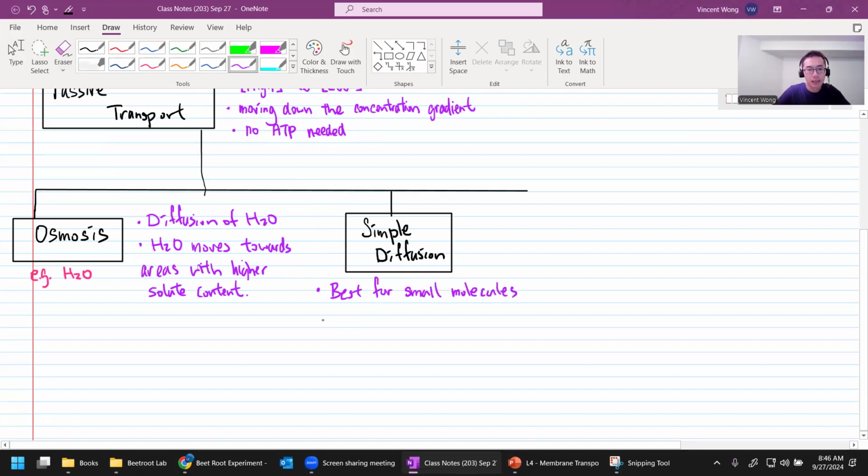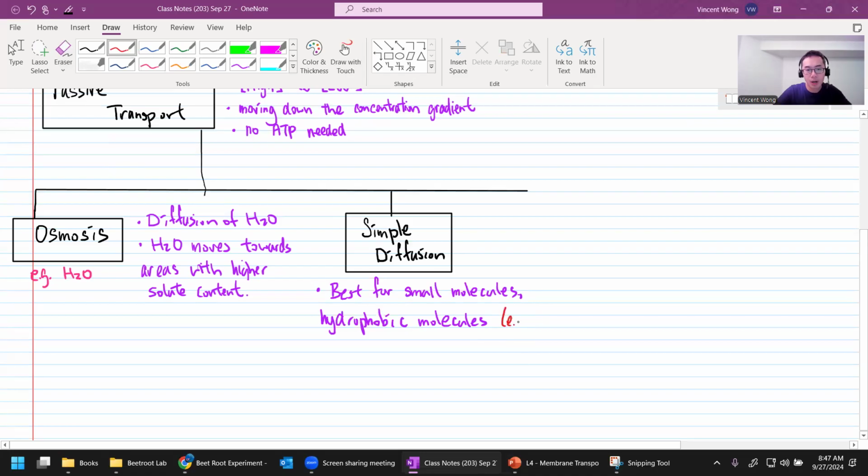Okay, and hydrophobic. Remember, the phospholipid bilayer has a thick hydrophobic tail section in the middle. So if other things are hydrophobic, they would interact well with this layer and have no problem passing through on their own.